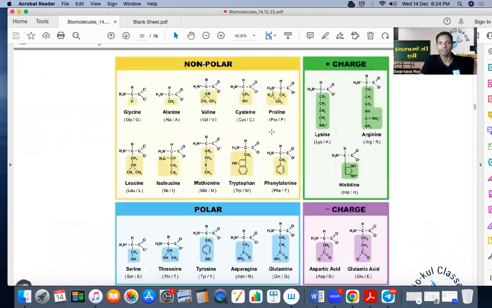We have amino acids which are non-polar, having a non-polar hydrophobic side chain. We have amino acids which are positively charged, which give the basic property or a positive charge to a protein.